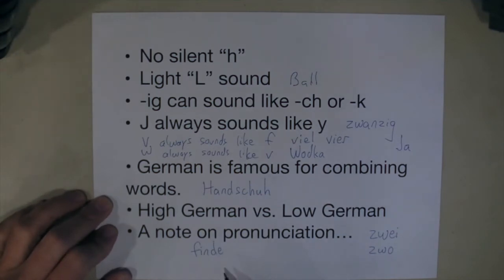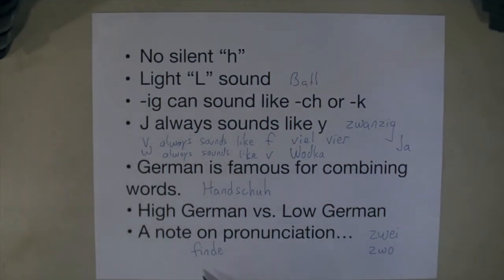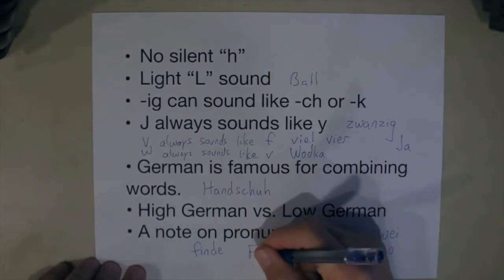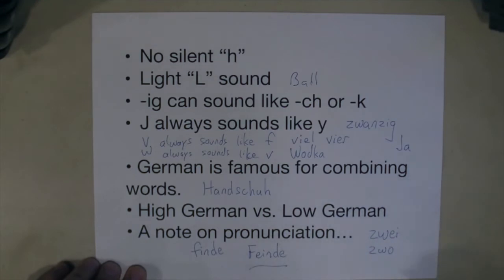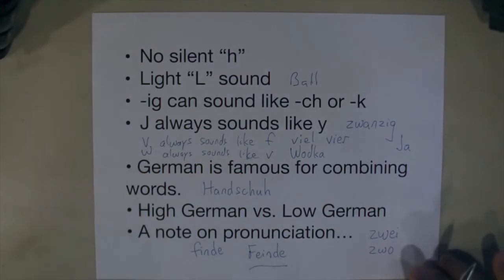F-I-N-D-E. Now, when English students look at that word, they think finde. But when a German hears the word finde, he will think of this word, which means enemies. Okay? So that's when an English mispronunciation will get in the way. The true pronunciation here is finde, not finde. So finde. That's when I'll correct you.